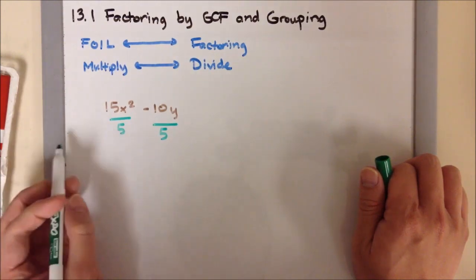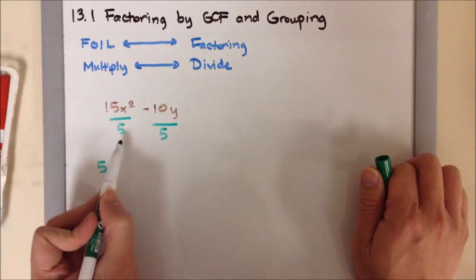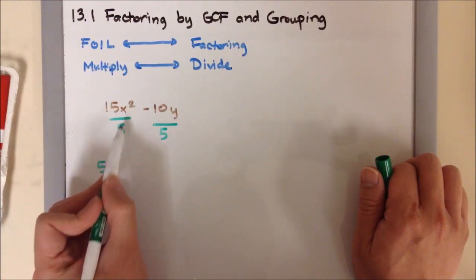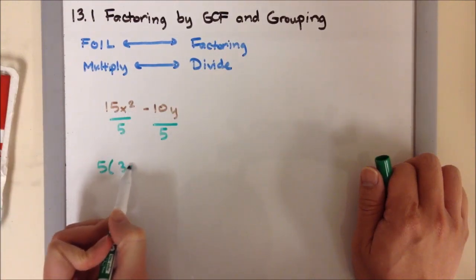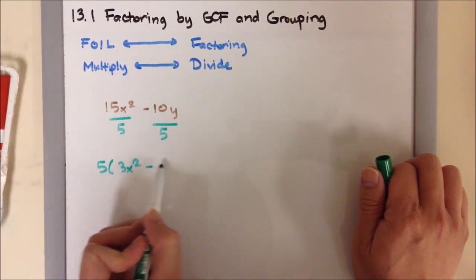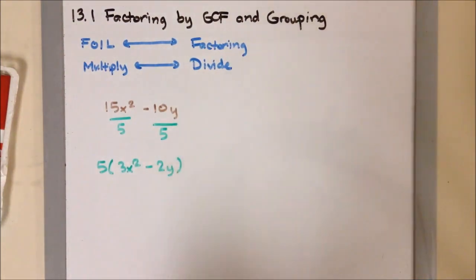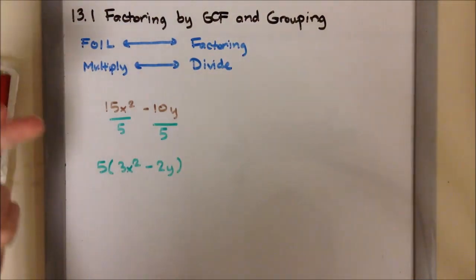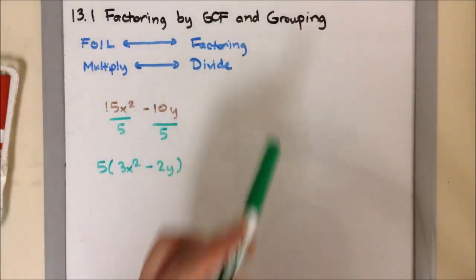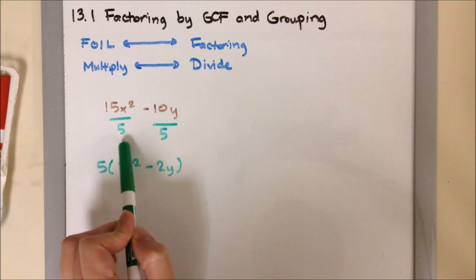So your GCF will be on the outside of the parenthesis. And I'm doing 15x squared divided by 5, which is just 3x squared. And then negative 10y divided by 5 will be minus 2y. And then close parenthesis. So again, when I'm factoring by GCF, greatest common factor, I'm dividing each term by it, in this example, by 5.